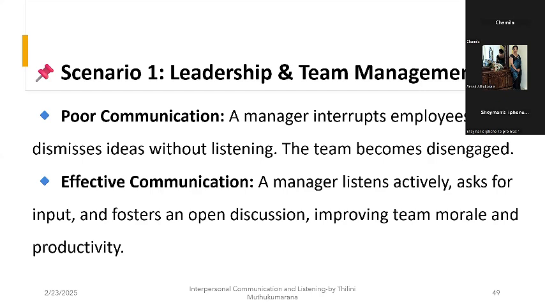So this communication should be very effective. If the manager listens to them actively and fosters an open discussion, it automatically improves the team's morale and productivity, right? So this comes with leadership and team management.